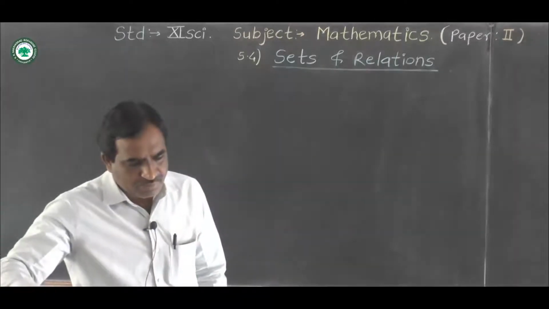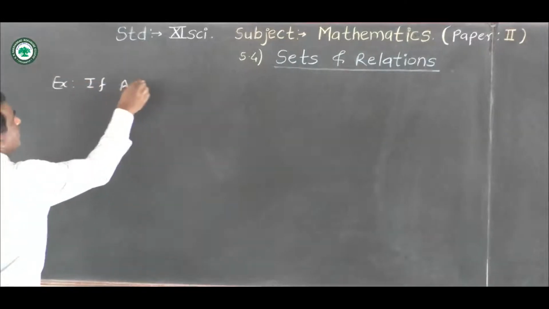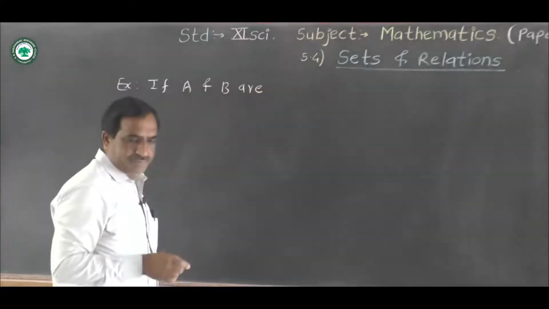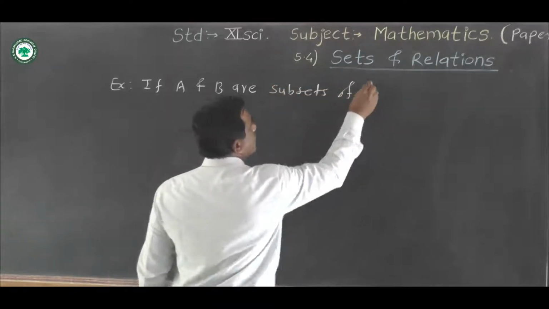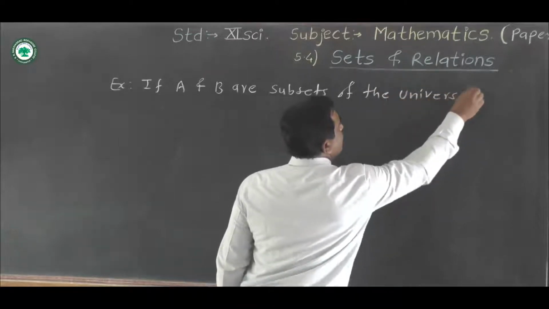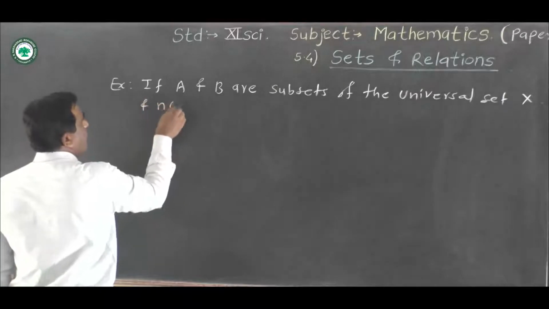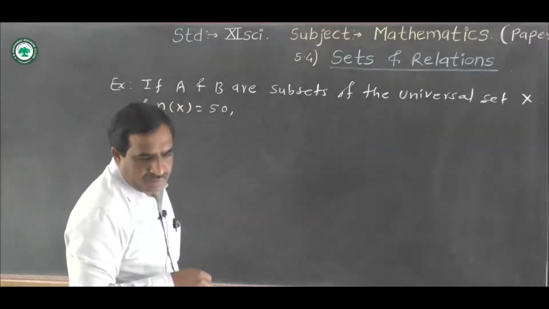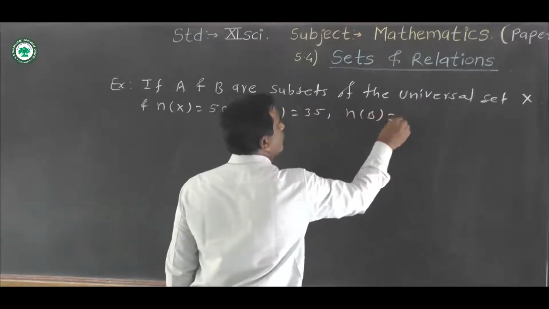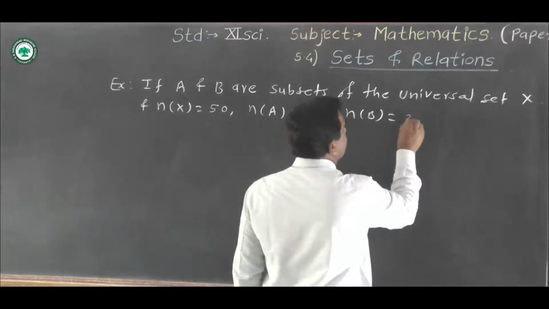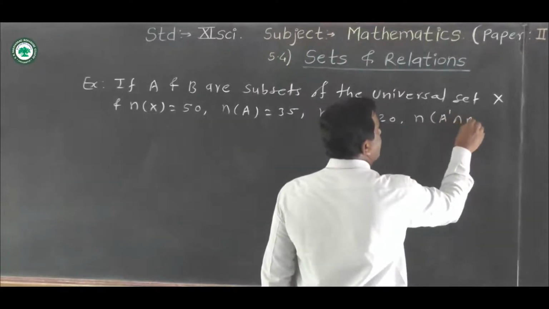Now first example is, if A and B are subsets of the universal set X, and n(X) is equal to 50, n(A) is equal to 35, n(B) is equal to 20, and n(A' intersection B') is equal to 5.